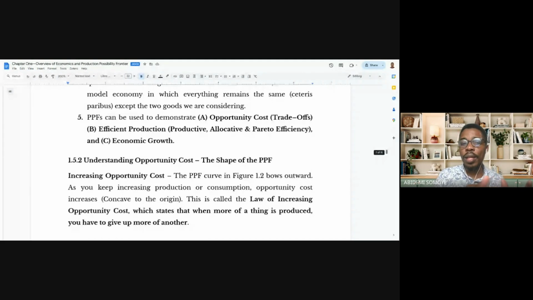We're going to take a look at that when we are explaining increasing, decreasing, and constant opportunity cost. B, efficient production. So the PPF or PPC also shows efficient production, which could be productive efficiency, allocative efficiency, or Pareto efficiency. Letter C, the PPF shows economic growth.